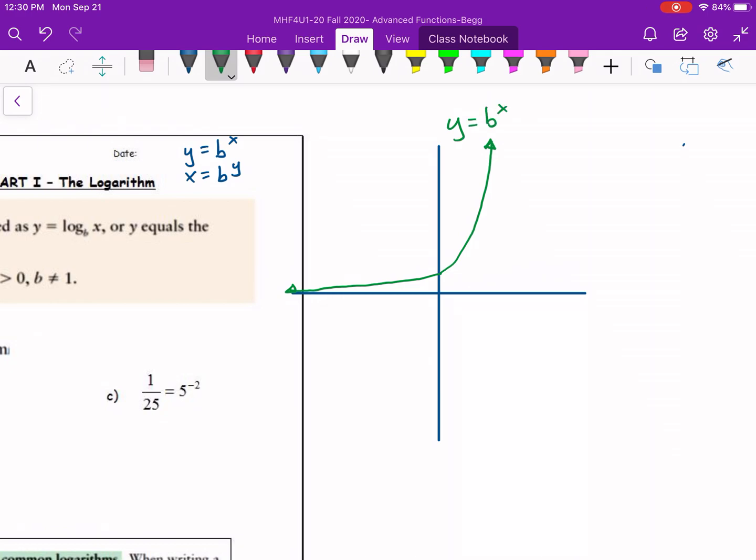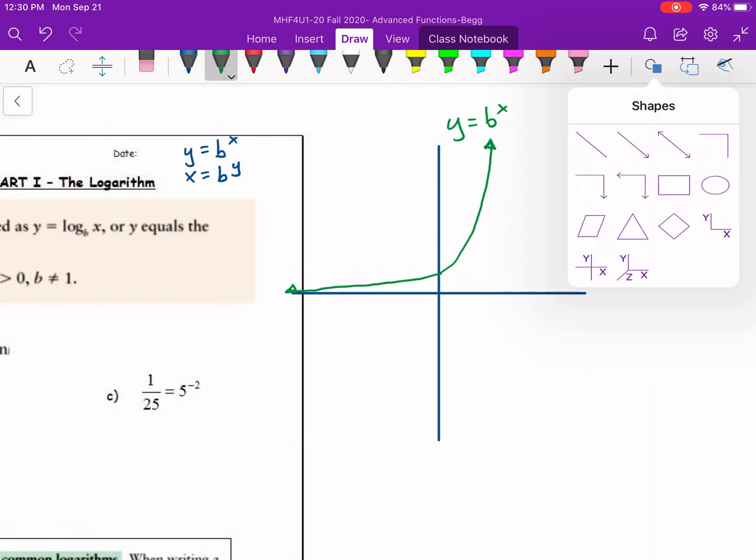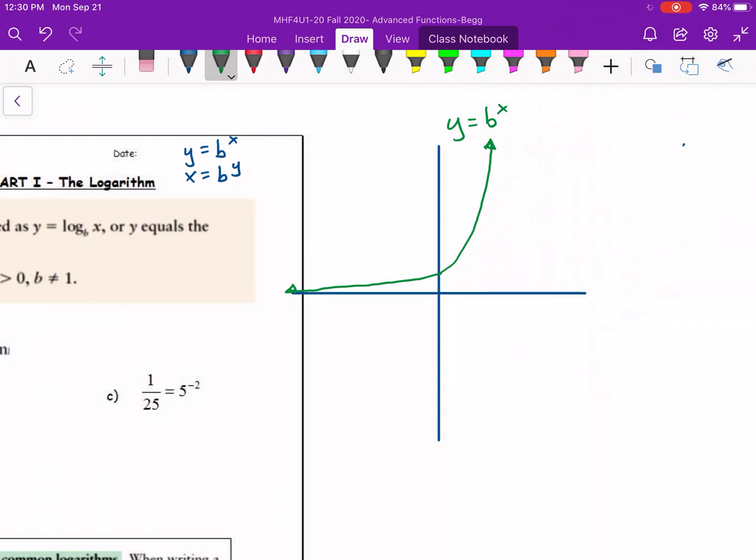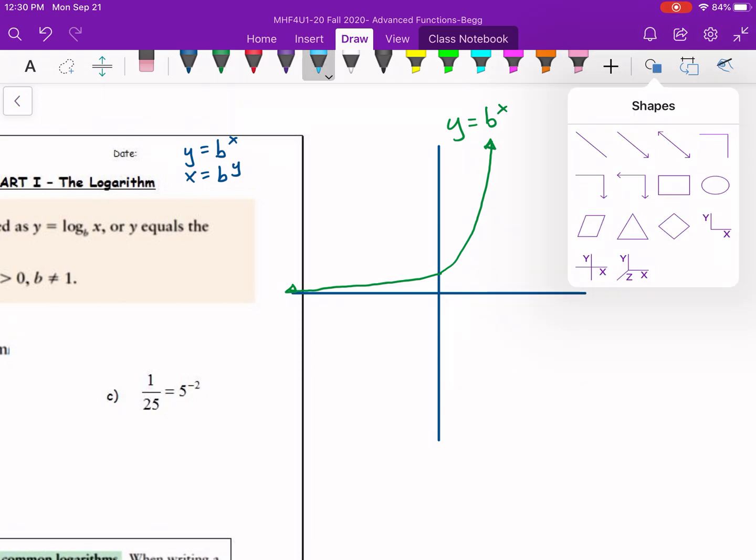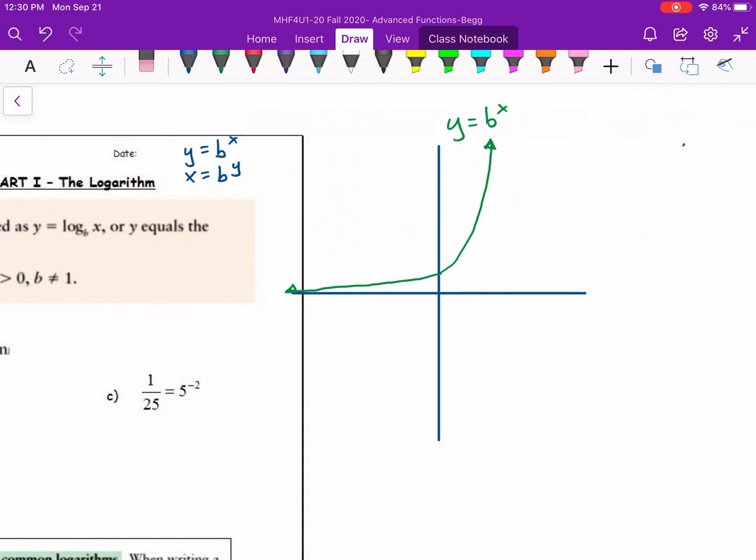If I switch x and y, and I reflect my curve in the line y equals x, which looks like this, then we're going to get a reflection that goes through the x-intercept of (1, 0), and it's going to have a vertical asymptote on the y-axis, and then it's going to curve sharply to the right like this.